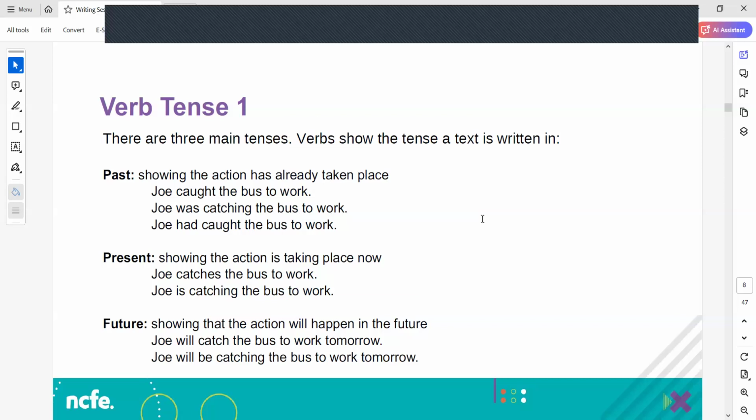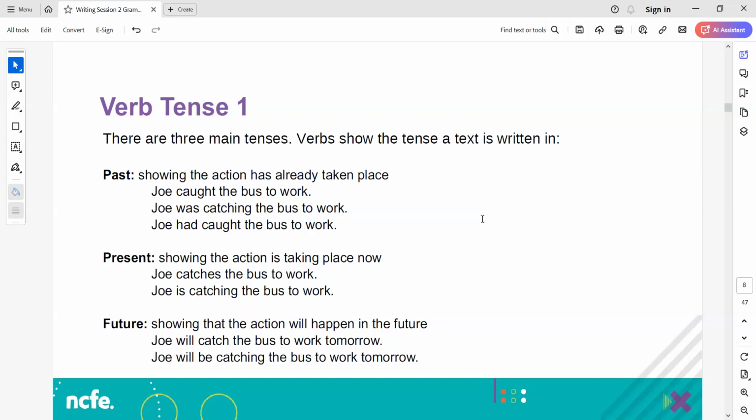And the present, showing the action is taking place now. So Joe catches the bus to work. Joe is catching the bus to work. And future, showing that the action will happen in the future. Joe will catch the bus to work tomorrow. Joe will be catching the bus to work tomorrow. Any questions so far?